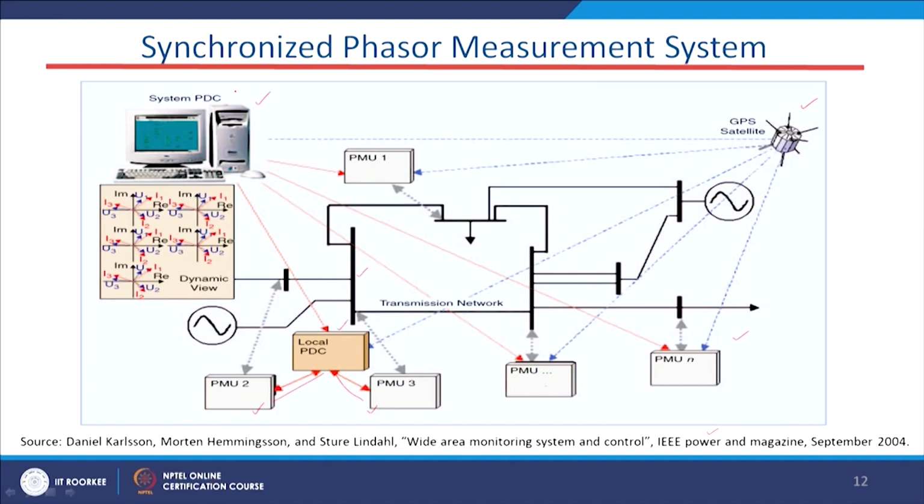The symbols here are the phasors of the voltages of every bus, like U1, U2, U3. The dynamic view of the voltage phasors on the real axis and imaginary axis can be visualized using this computer station.